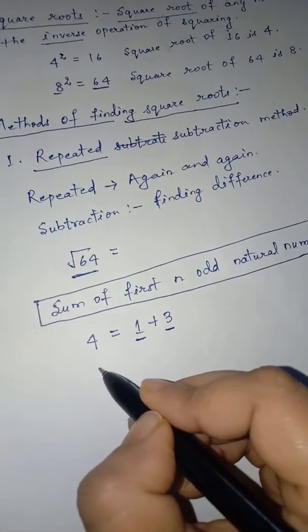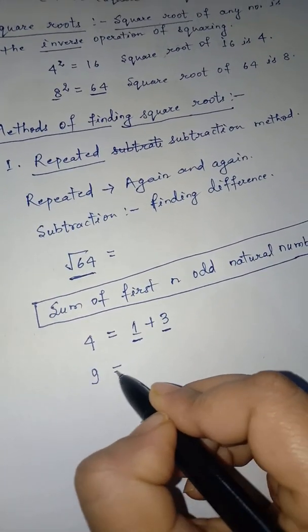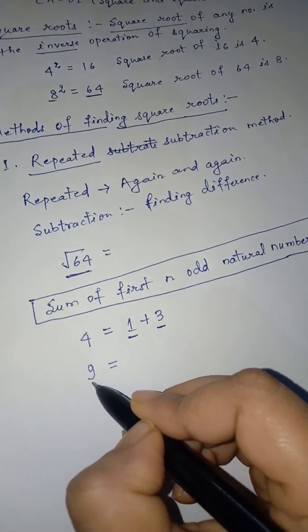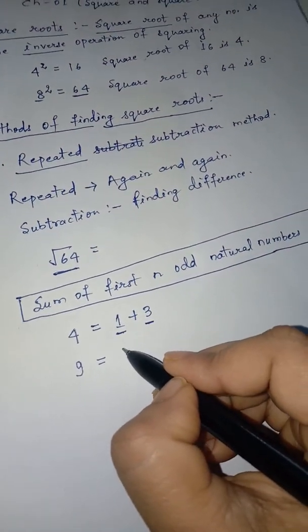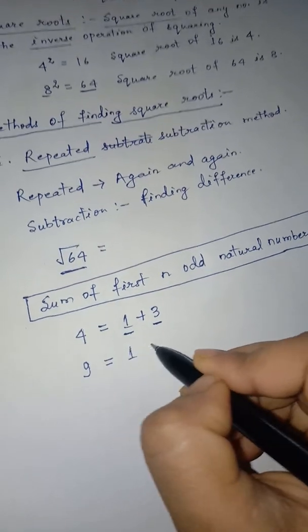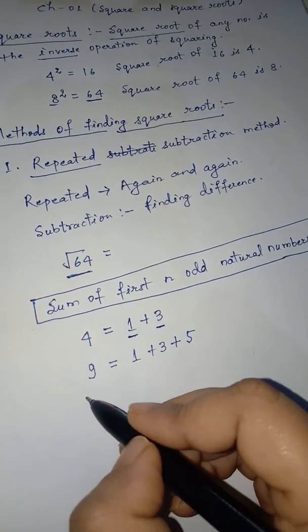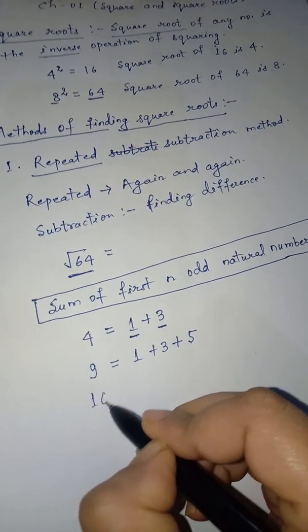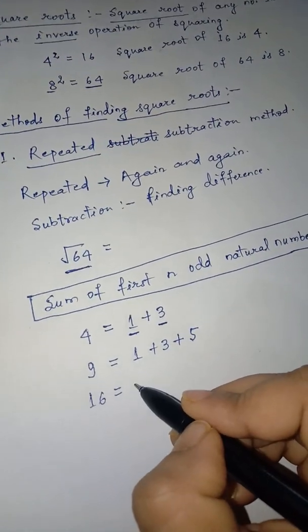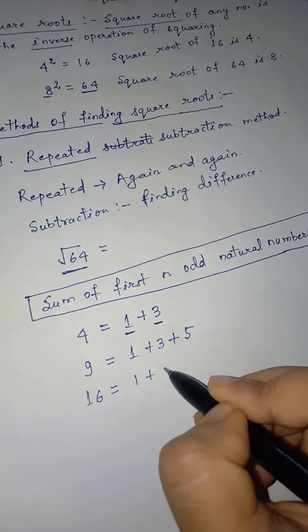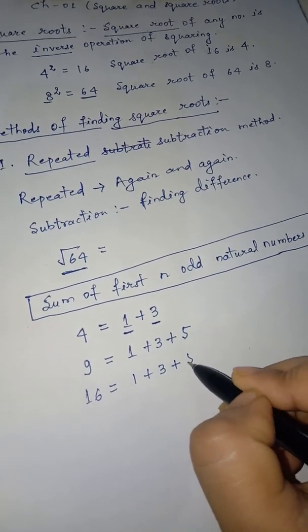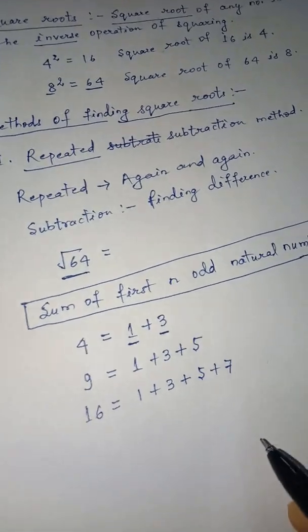In the same way, the second square number is 9, and 9 is the sum of 1 plus 3 plus 5. Another example, 16: how can we get 16? 1 plus 3 plus 5 plus 7.